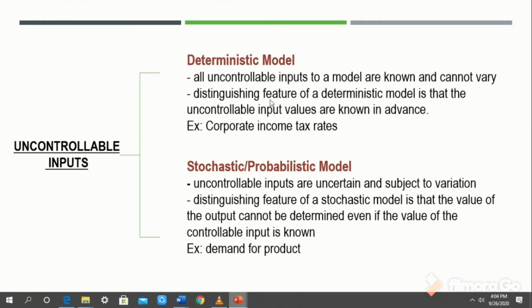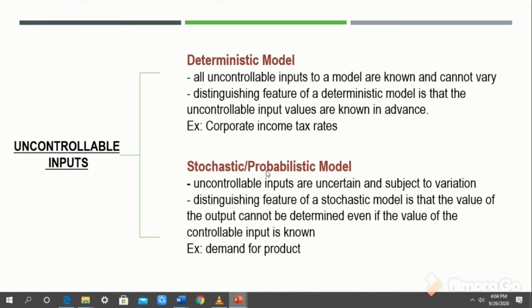So the distinguishing feature of a deterministic model is that uncontrollable input values are known in advance. For example, dili na siya mausab, steady na siya. So example is the corporate income tax rate. Di na siya mausab, so it can be considered deterministic.